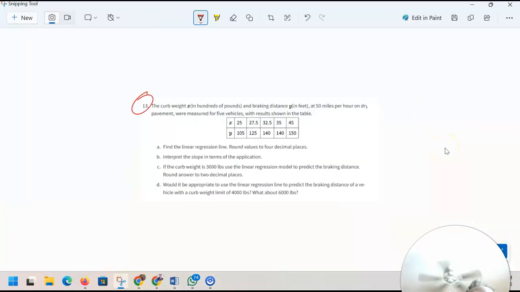Okay, there it is, 13, right? So the question was, would it be appropriate to use the linear regression line to predict the braking distance of a vehicle?